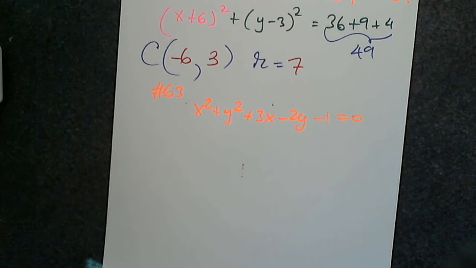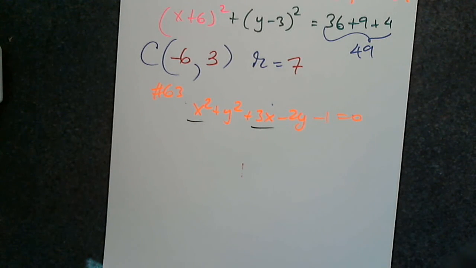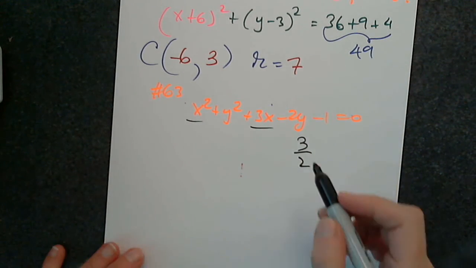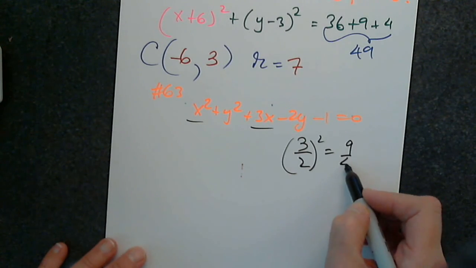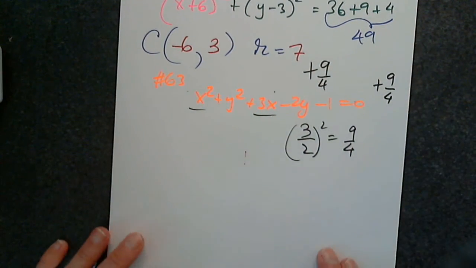So then, let's complete the square for x. Middle coefficient divided by 2. You have to say 3/2. Square 3/2. Very good. That's what we have to add to both sides.